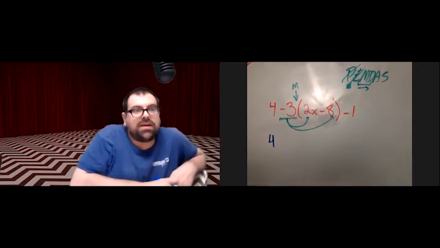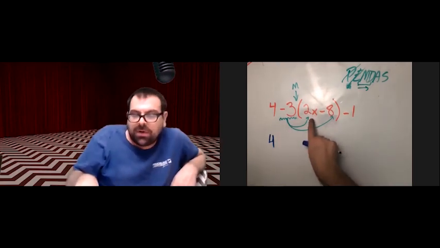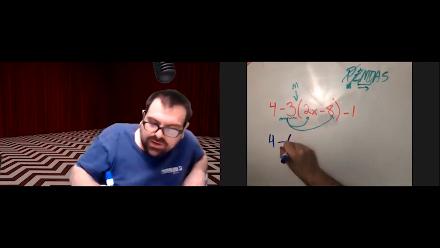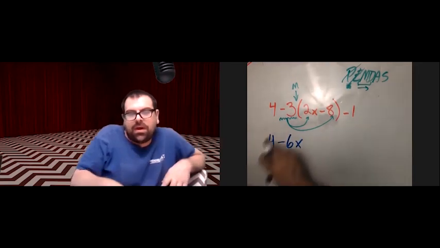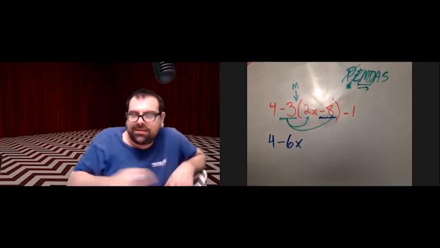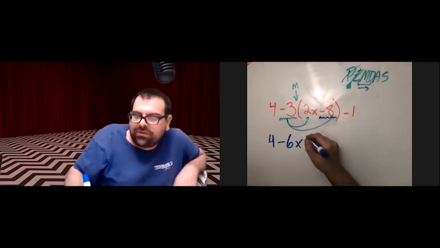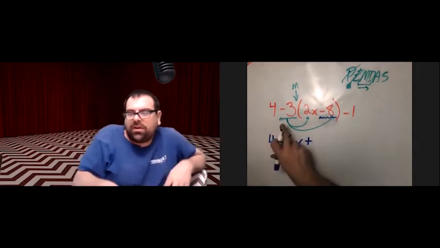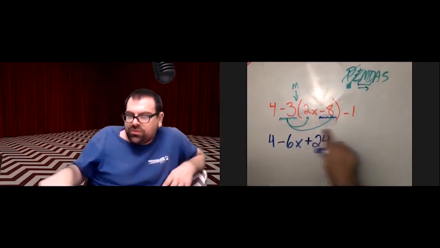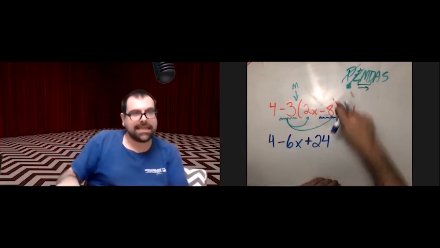That 4 is just going to come down to the next line. -3 times positive 2x. Negative times positive is negative 6x. -3 times -8. Sign in front always goes with it. Negative times negative is positive. 3 times 8 is 24. Don't swing -3 times the -1. When the parenthesis closes, the distributive property is done.